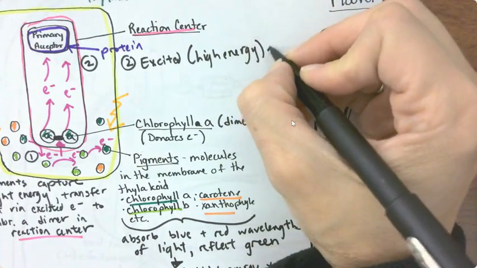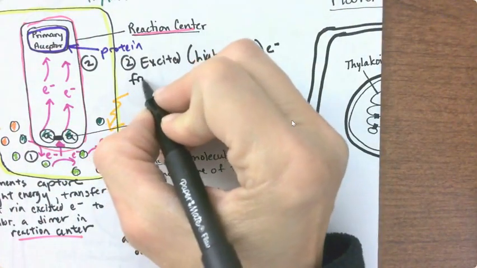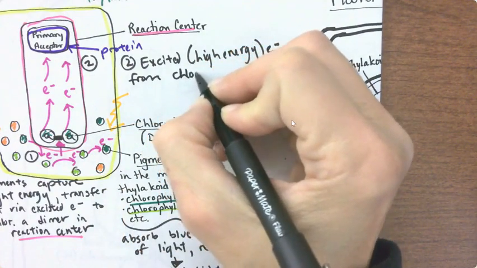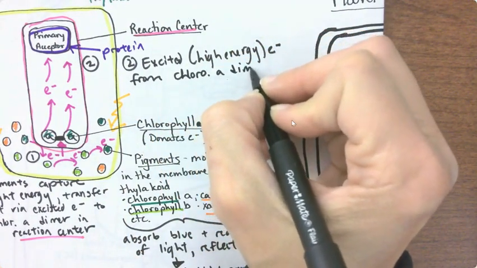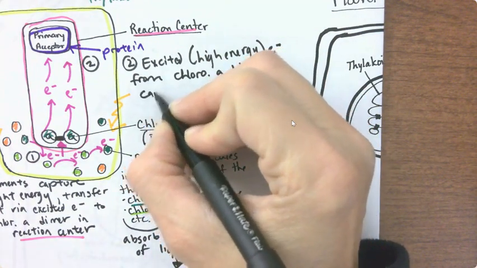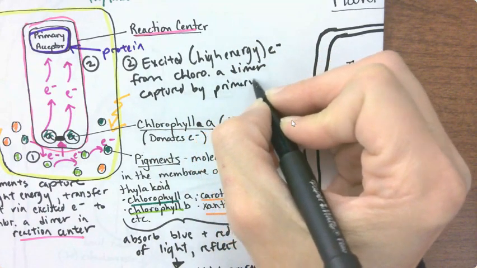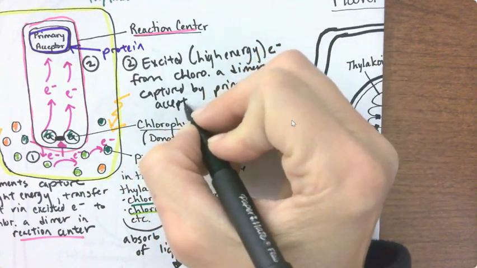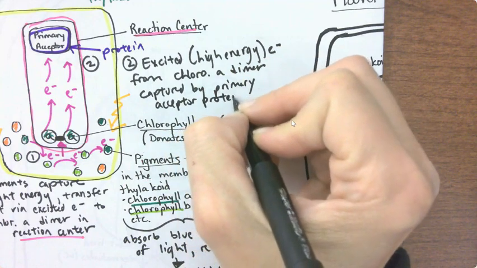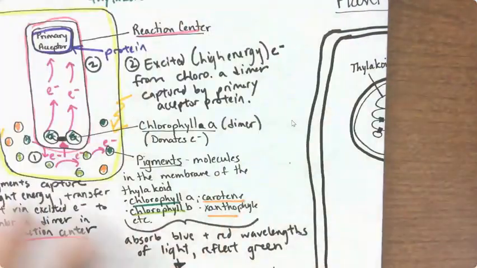So these excited high energy electrons from this chlorophyll A dimer are captured by the primary acceptor protein. So this is what a photosystem is.